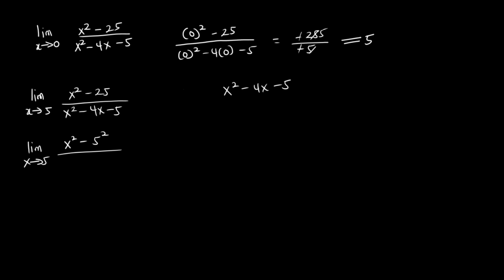I will factor this denominator also. I'll consider the value you have in the middle and write it as a difference. So I'm going to write this as x squared plus x minus 5x minus 5. You see that what you have here is the same thing I have here.